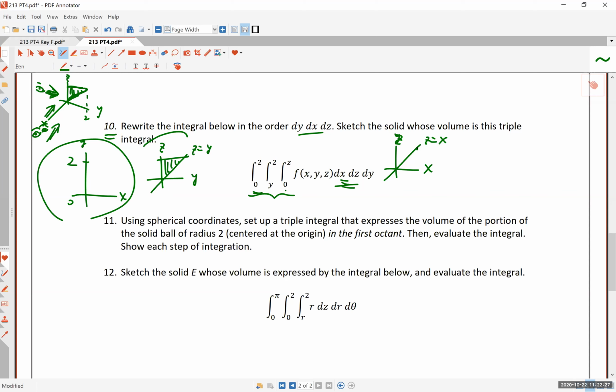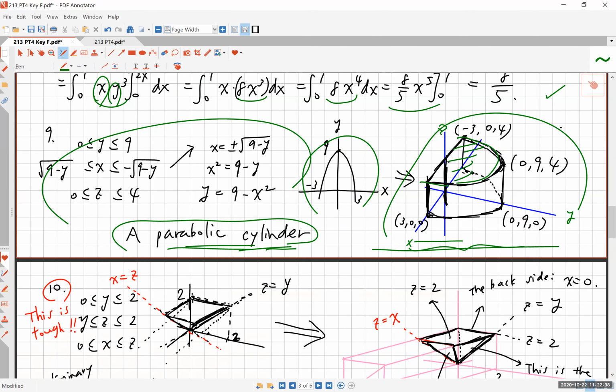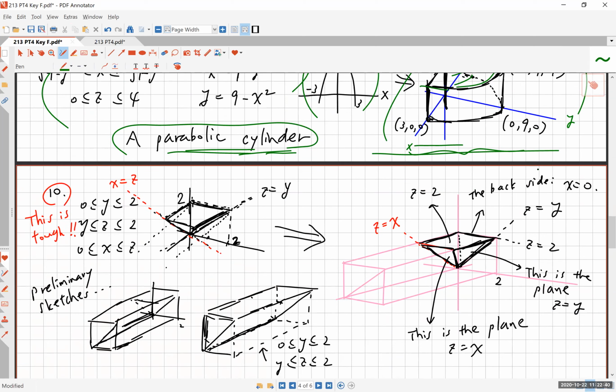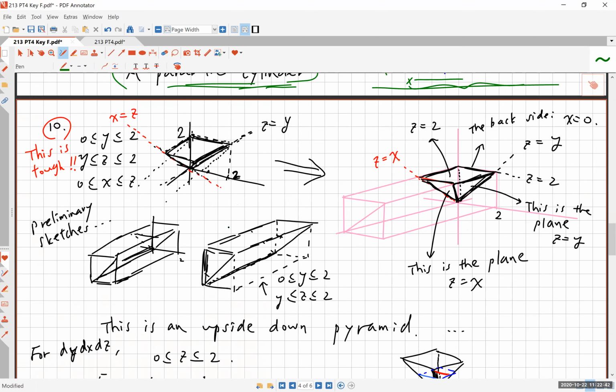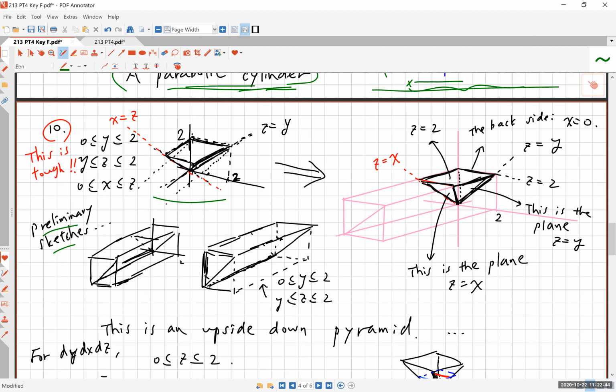So now we're talking about this kind of thing. All right, so how do you combine this? This is the hard part. Let me just show you what I try to demonstrate on this problem here. This is the final result of this, but remember the preliminary, so you want to have some preliminary sketches. If I started with 0, y is between 0 and 2, right?